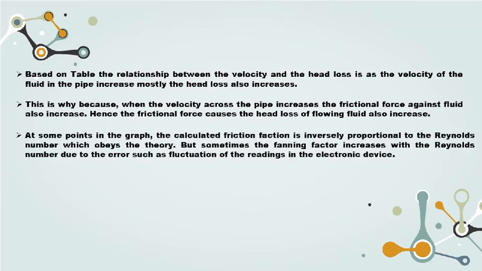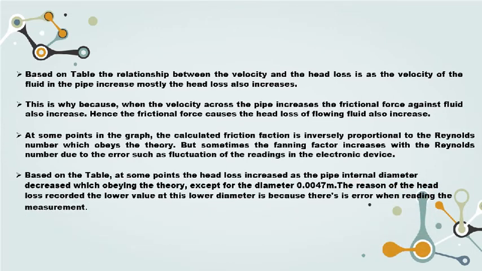At some points, we notice that the calculated friction factor is inversely proportional to the Reynolds number, which obeys the theory, but sometimes the fanning factor increases with the Reynolds number due to errors such as the readings on the manometer keep changing.